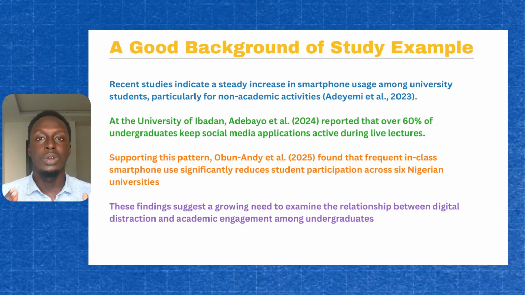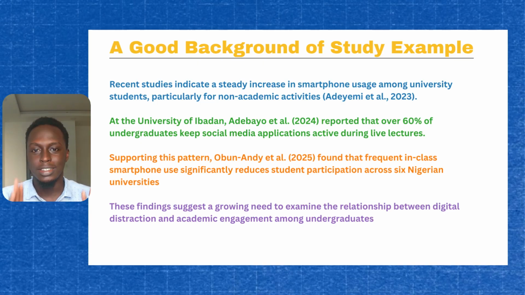Now let's look at what a good background of study looks like. Recent studies indicate a steady increase in smartphone usage amongst university students, particularly for non-academic activities (Adeyemi et al., 2023). At University of Ibadan, Adebayo et al. (2024) reported that over 60% of undergraduates keep social media applications active during live lectures.